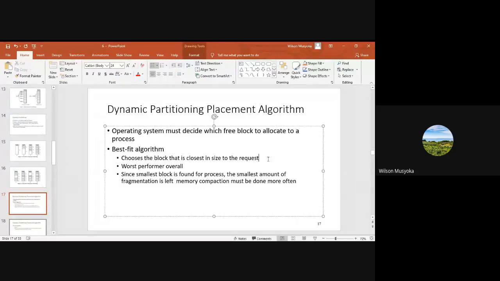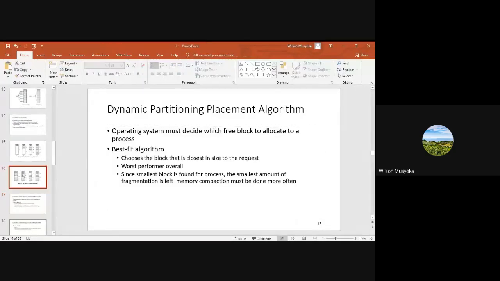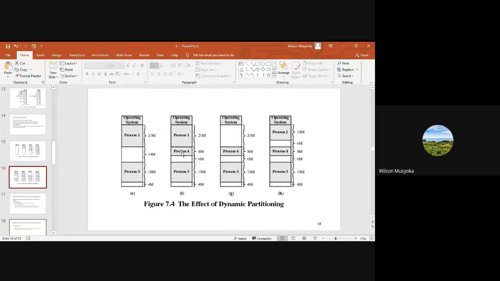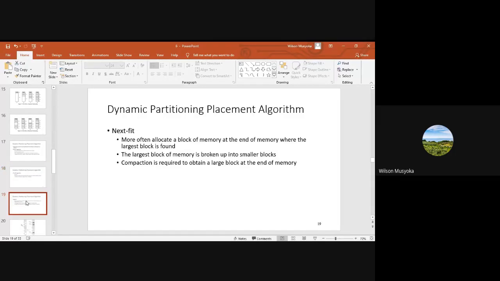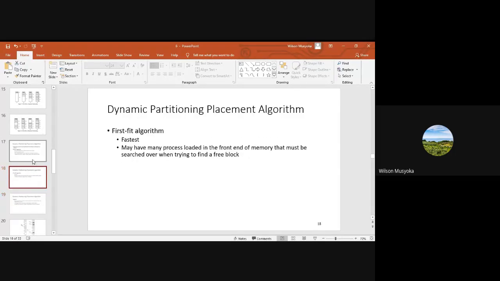So you have to look into the memory like we have shown here. Process 4 requires 8 megabytes, so it can't fit in 4 megabytes. So it will take up the available space, the 14 megabytes which was left. Now it fits in there. That is what we mean by the best fit algorithm.